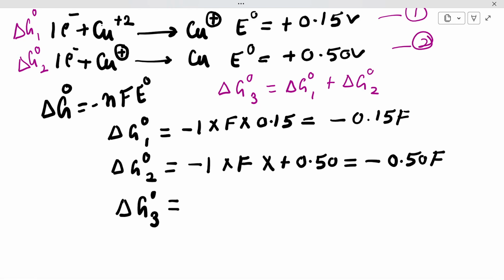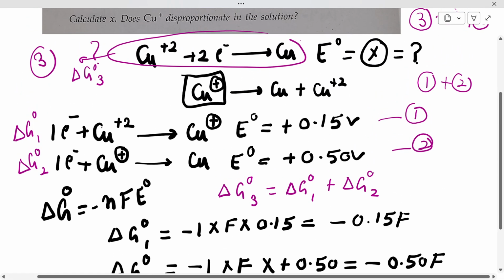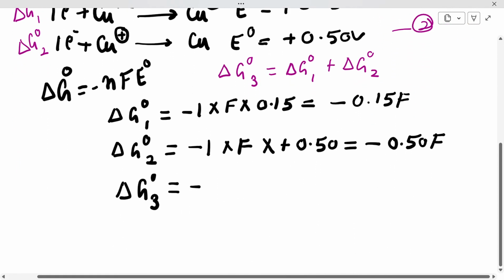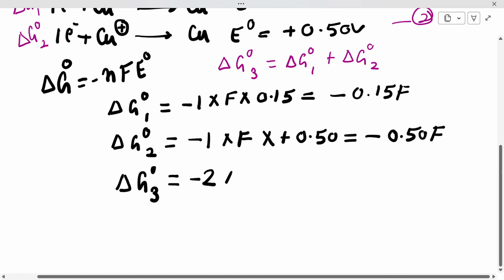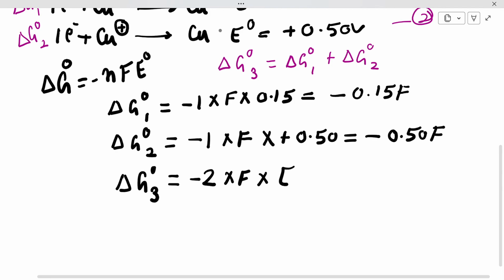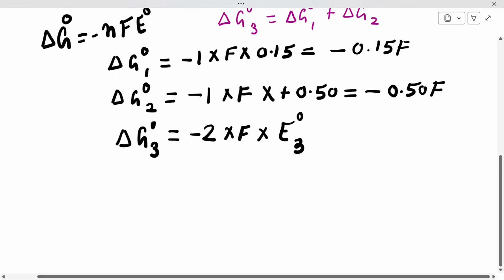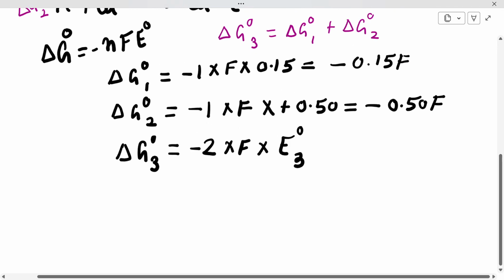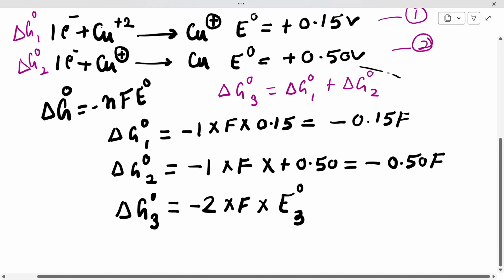Now delta G naught 3, which we have to calculate for the third reaction, the reaction asked in the question, will be equal to minus n F E naught 3. Now we can observe what the value of n is. The value of n is 2 here, meaning 2 electrons are involved. So it will be 2 into F into E naught 3.